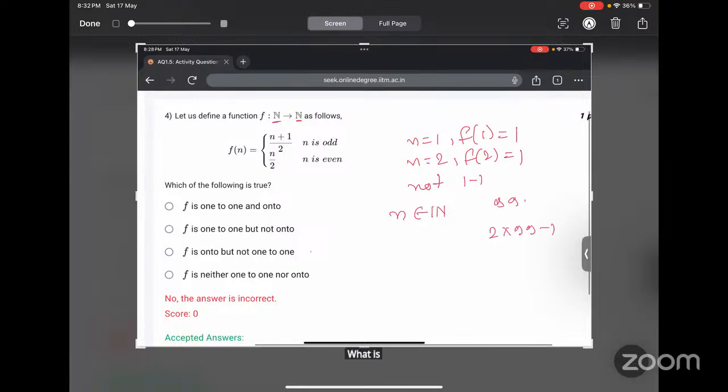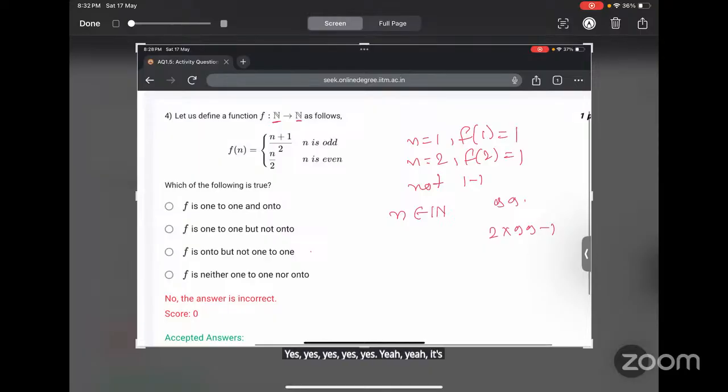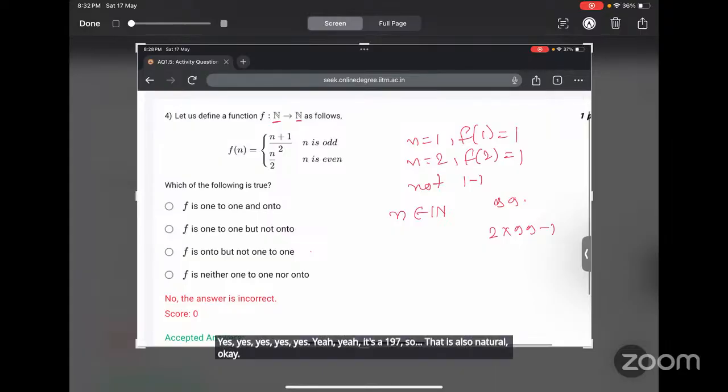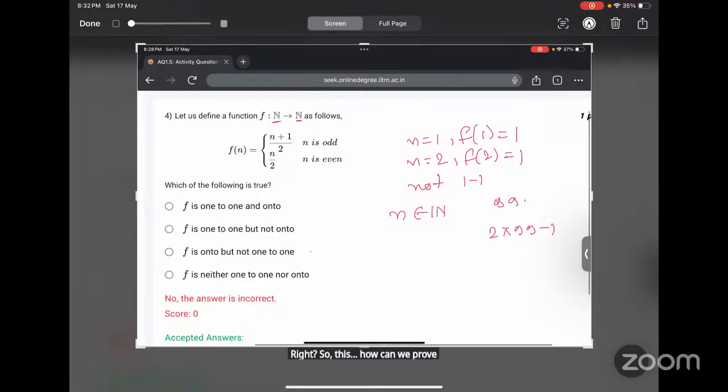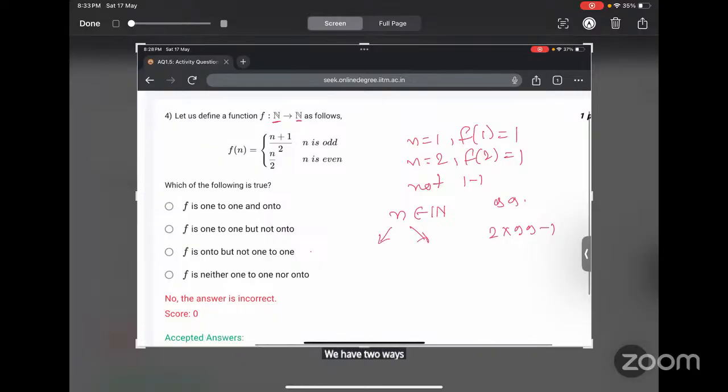What is the image of that number? It is a natural number, right? Yes, 2 into 99 minus 1. What is the image of that number? Yeah, it's 197. So that is also natural. Okay, right? So how can we prove that mathematically, step by step? If I take any natural number, we have two ways: it can be even, it can be odd, right?